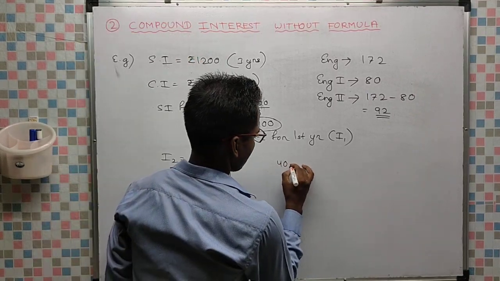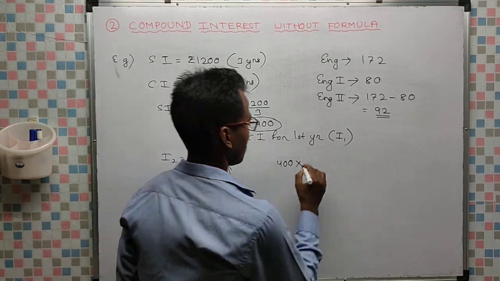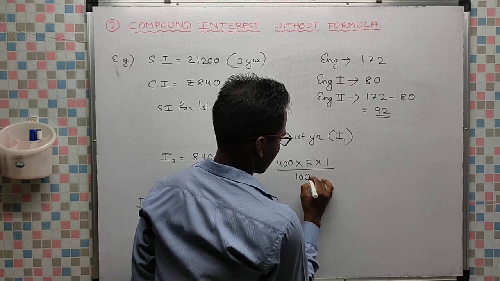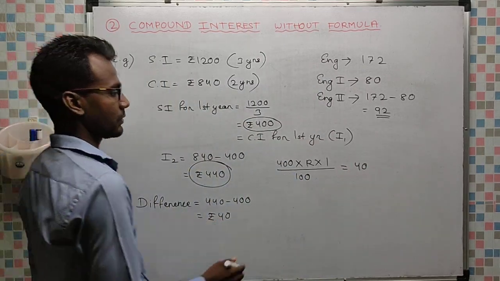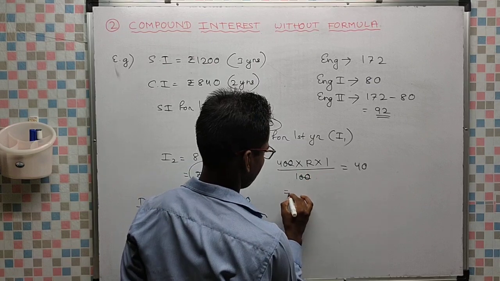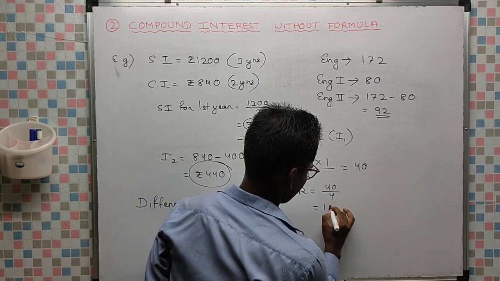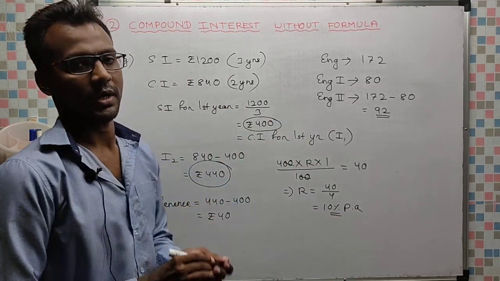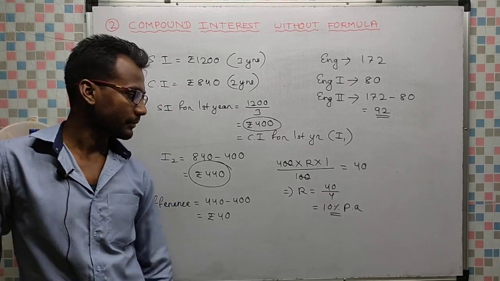So 400, assume that this is the principal. Rate we don't know. Time is 1 by 100 is the difference, which is 40. R is equal to 40 by 4, which is 10% per annum. So the rate of interest was 10% per annum.